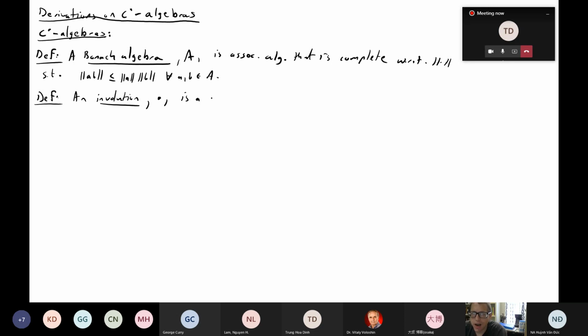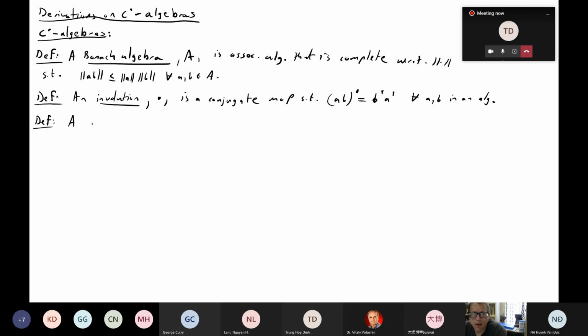It is a conjugate linear map such that (AB)* equals B*A*, and this is for any A, B in some kind of algebra, so that it can actually multiply. In particular, I'm going to equip it to a Banach algebra. It really is the main attraction. You can do it for more general scenarios, but for my purposes, it's going to be on a Banach algebra.